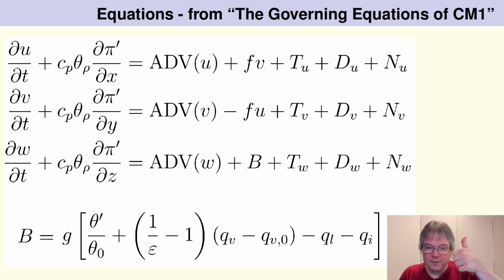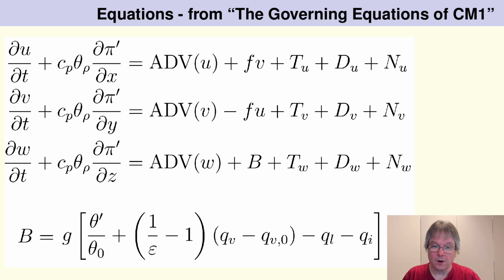So cold air surrounded by warm air gives you a downdraft. Dry air surrounded by moist air can also give you, or at least help you form, a downdraft. The terms are forcing you down. Okay, it's forcing you into a downdraft. Now, the next two terms, Q sub L and Q sub I, are liquid water.